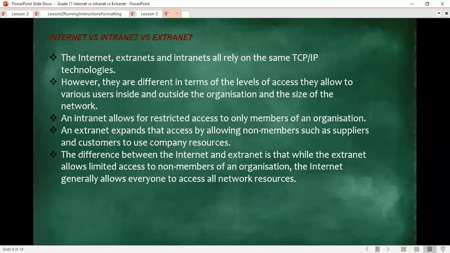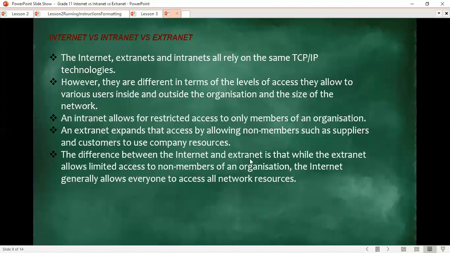There are things that you cannot do on your own. In order for you to do them, you need to go to the bank so that they can do them for you. So this one will allow everyone, the customers, the suppliers, but you have limited access to their resources. You cannot take full control.